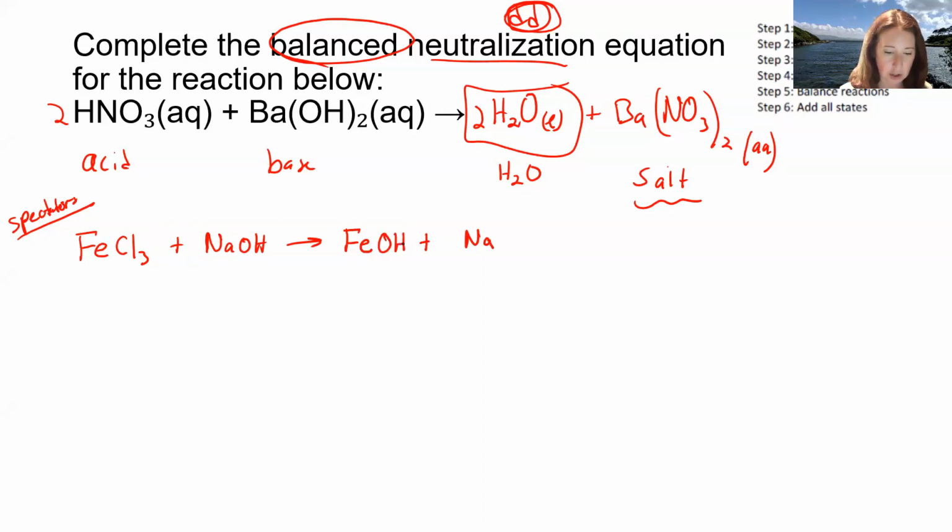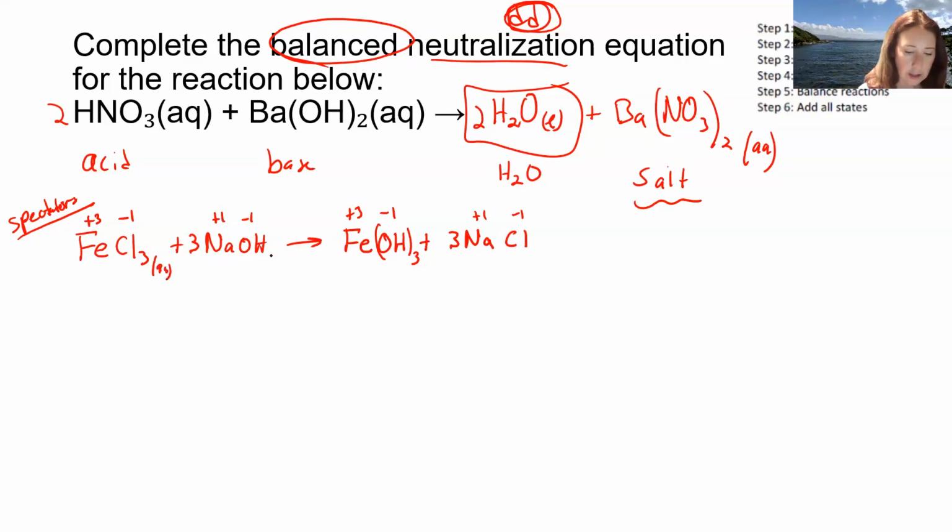Here's OH, and here's Cl, right? This is +3, -1. I'm going to leave these charges up here because I feel like that might help. So we need 3 of these, and then we have to balance it. Should be balanced, right?